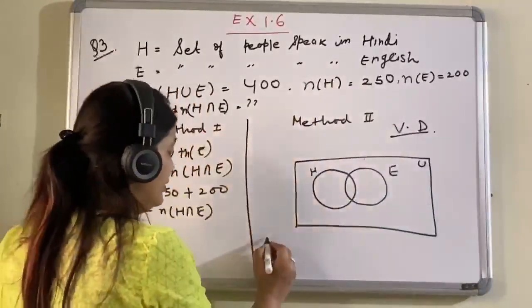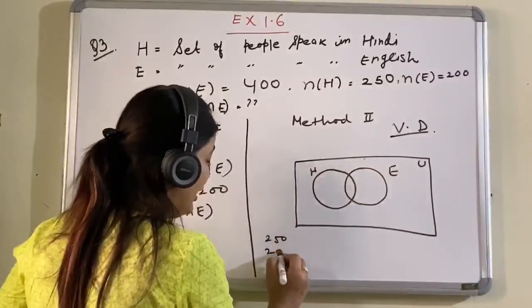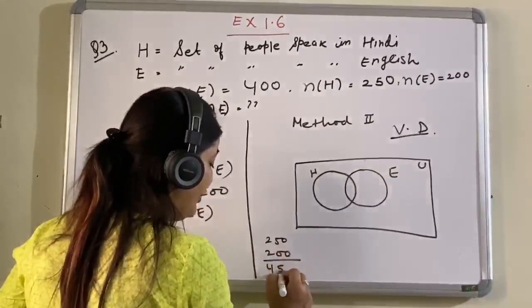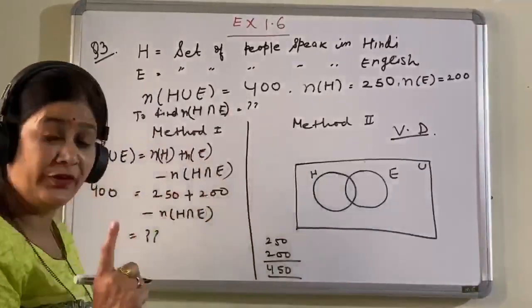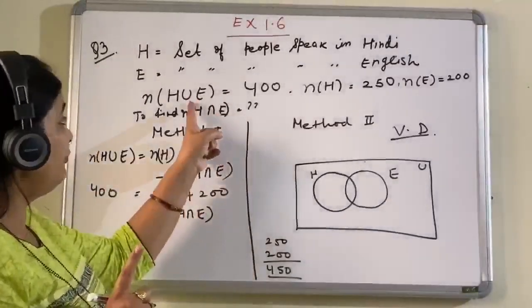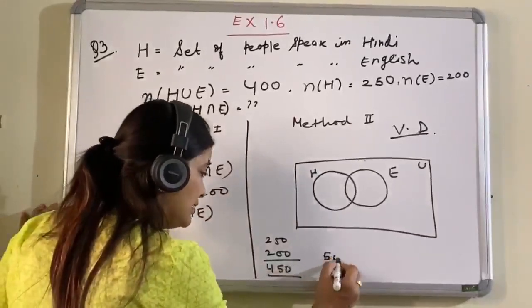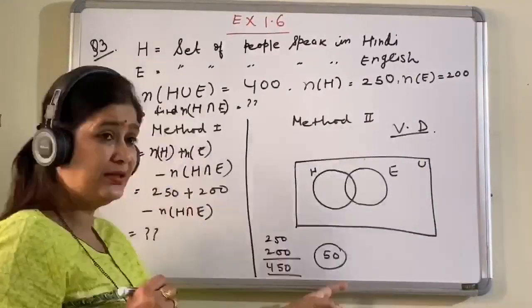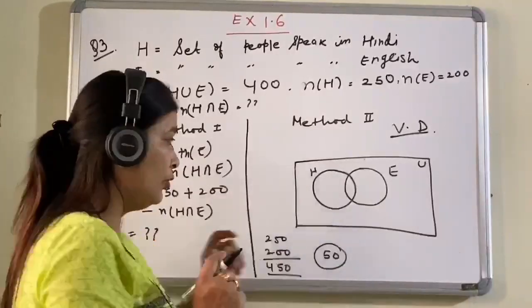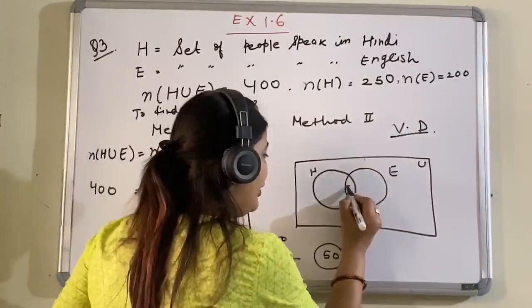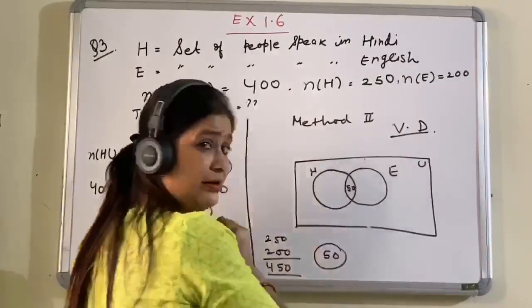When we add 250 and 200, we get 450, but the total number of people is 400. So that means 50 people are those who are common. So we can write 50 in the common area, right?